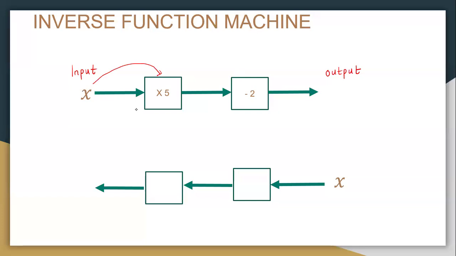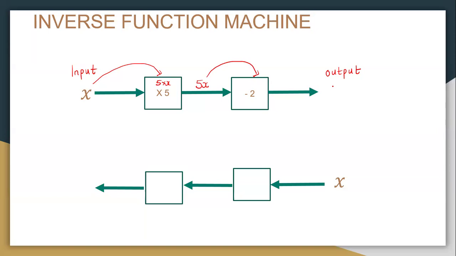Yes. People are saying 5x, very good. So here we shall have 5x. Now, members, you can notice that when x comes in, we shall have 5 times x, which will give us 5x. So that is the output here. Now, when the 5x enters inside here, what is going to be our output?